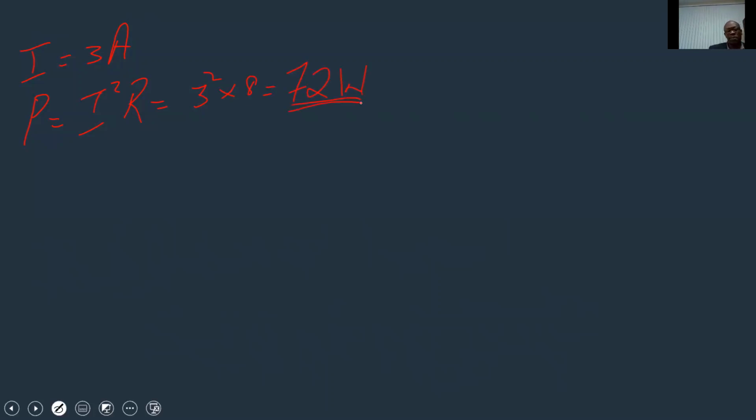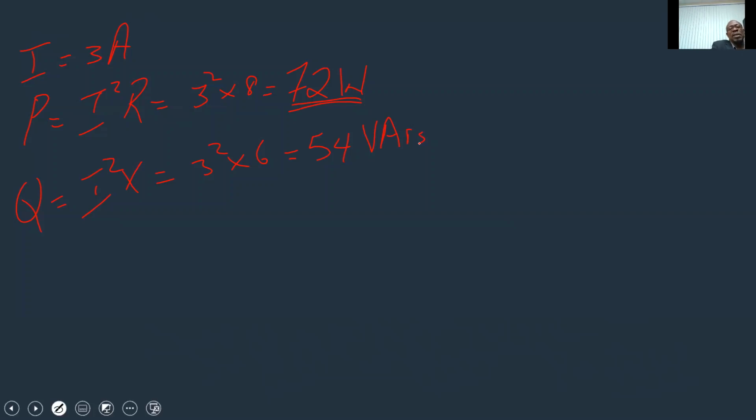For the reactive part of our circuit, Q would be equal to I squared X, and X here would be the resultant reactance. So it would be 3 squared times 6, which is 9 sixes, 54. And the unit for reactive power is vars.